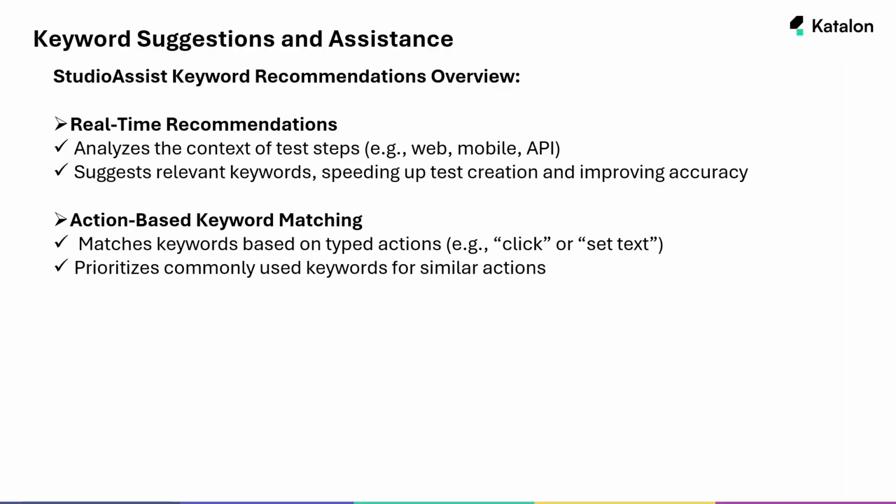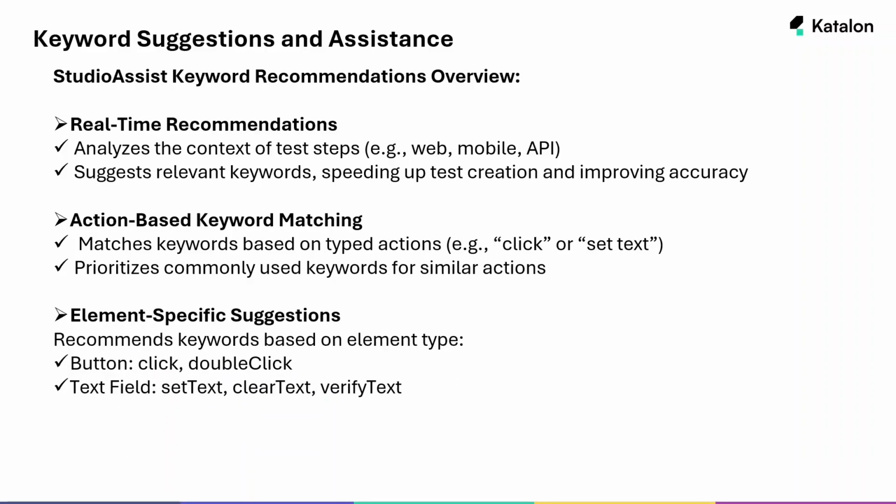StudioAssist matches keywords based on the user typed actions while providing plain English language. Example, you might be using click or you might be using set text. So based on these typed actions, StudioAssist provides you keyword suggestions. Prioritizes commonly used keywords for similar actions.